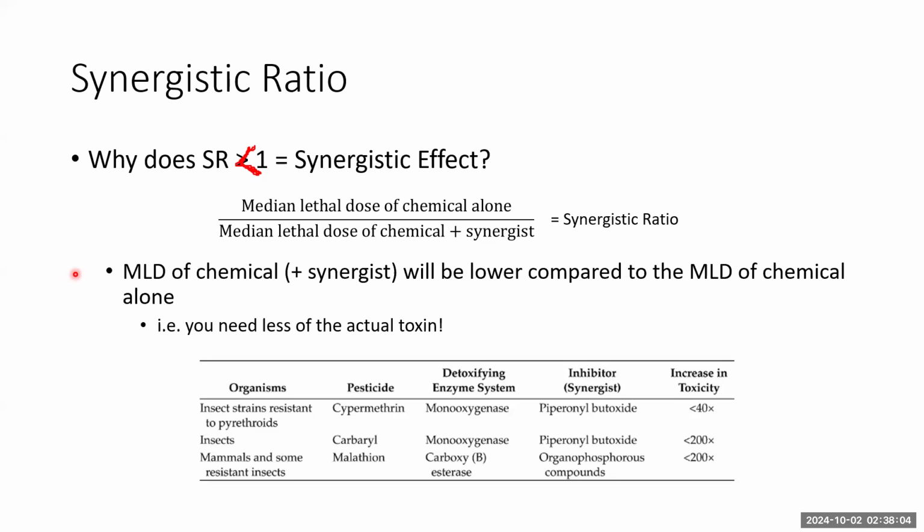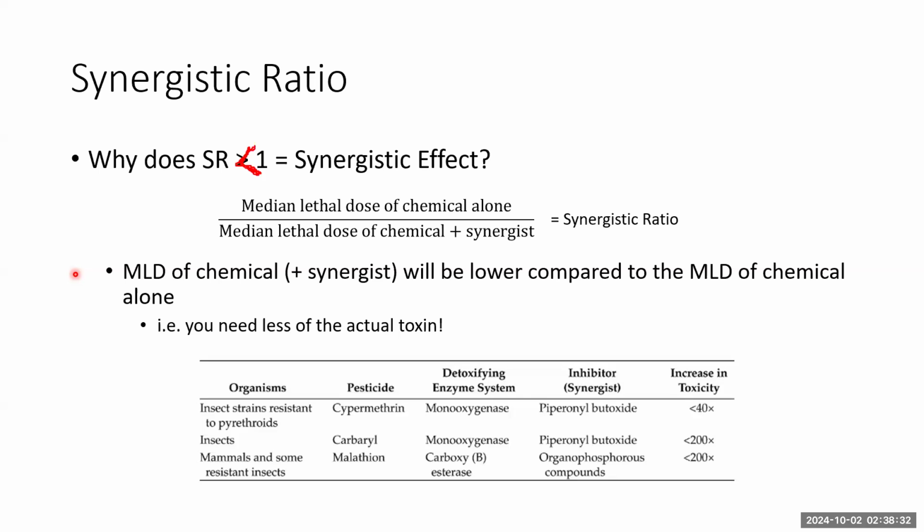All right, so we're going to compare this to 1. So our median lethal dose of the chemical alone could be whatever it's going to be. Say, 1 unit of toxic compound A. All right, there's our median lethal dose of whatever our particular compound is that I'm writing on the board.